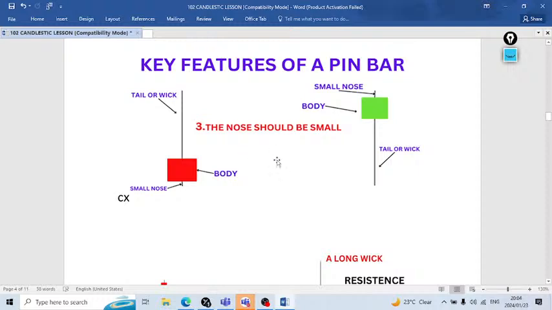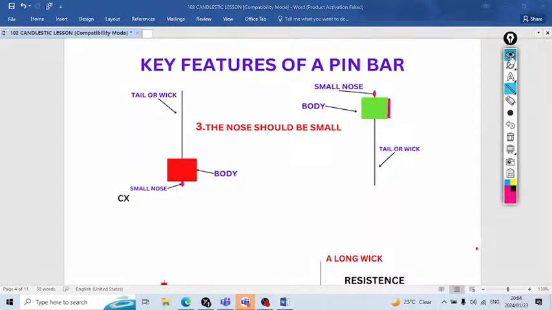So we're now talking about the nose, which should be smaller than the size of the body. When comparing the size of the body, this upper wick, when we're talking about a hammer candle or a bullish pin bar, should be smaller than the body of the candle. Then this lower wick, when you're comparing the size, must be less than the body of the bearish pin bar, which is a shooting star.